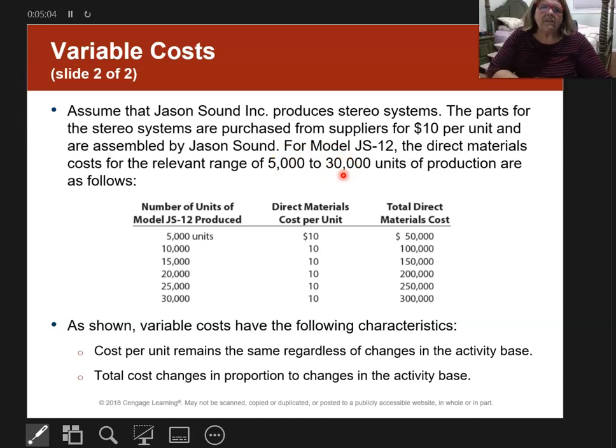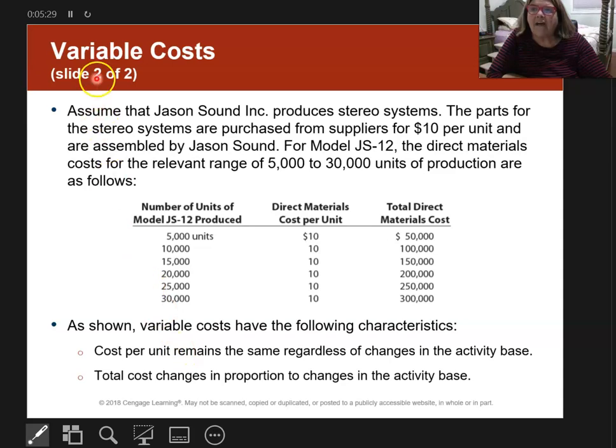It doesn't make a difference which quantity level or relevant range I buy at, it's still $10. So here's my relevant range, my units. The cost per unit is $10. So what happens is the direct material cost increases based upon the change of the activity base.